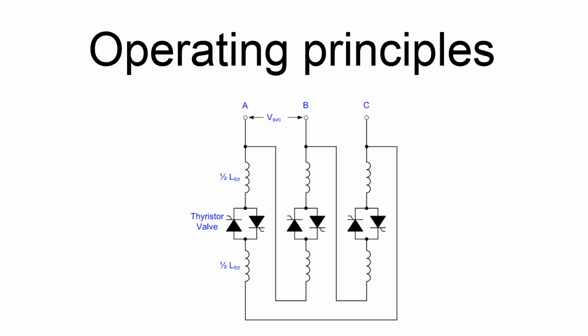L_TCR is the total TCR inductance per phase. The current lags 90 degrees behind the voltage in accordance with classical AC circuit theory.